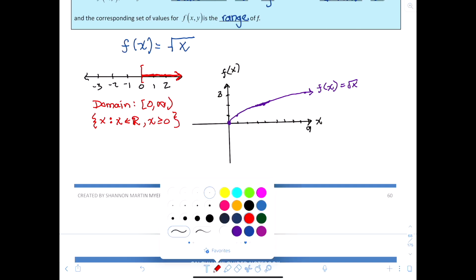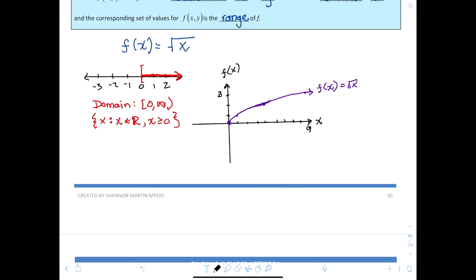All right, well now let's take a look at the range, right? The range, let's look at it vertically. You don't have to do it vertically, but just for fun, right?